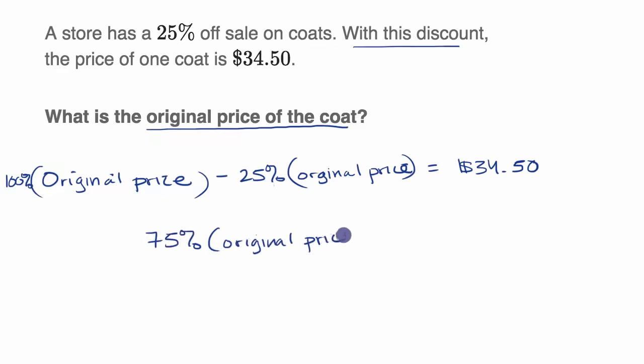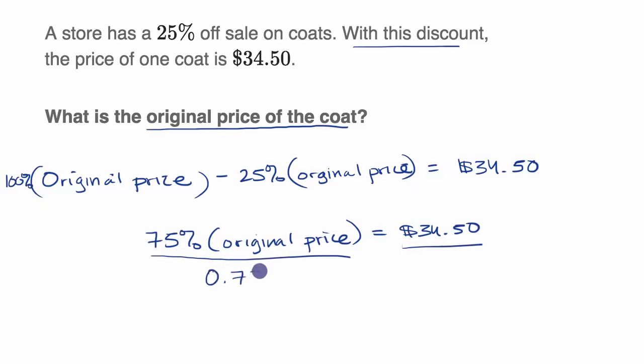This is why people use letters for variables, so they don't have to keep writing this over and over again, is going to be equal to $34.50. And now, to solve for our original price, we just divide both sides by 75%. And 75%, that's the same thing as 75 per hundred, or 75 hundredths. So I could divide both sides by 75 hundredths. On the left-hand side, these two are equivalent, so I'll be left with my original price.